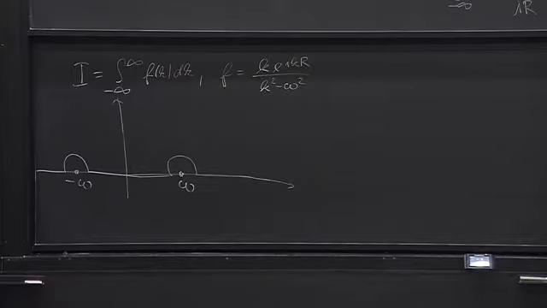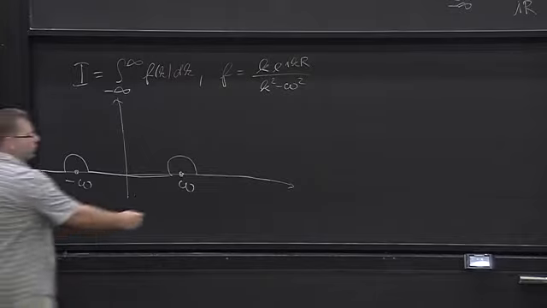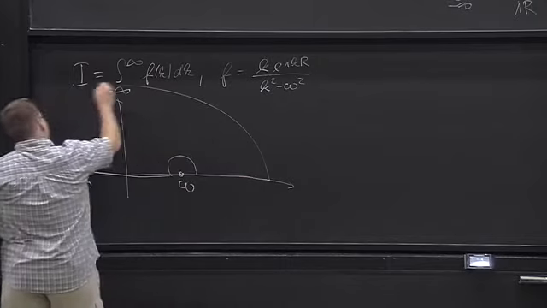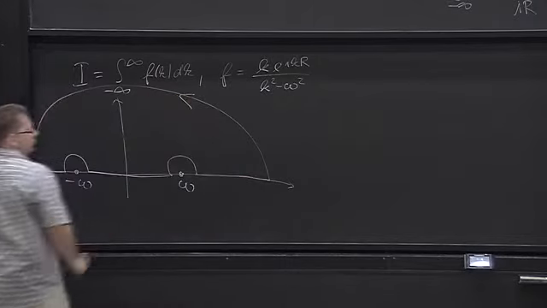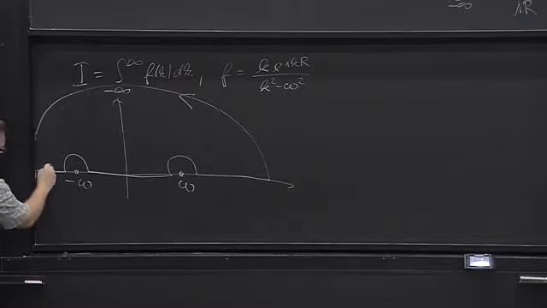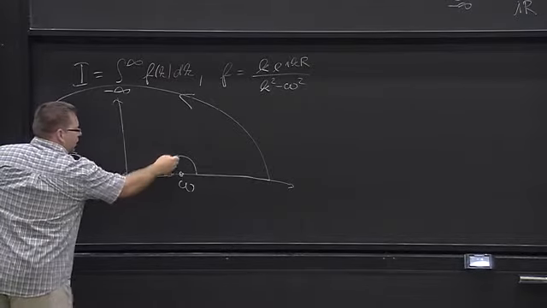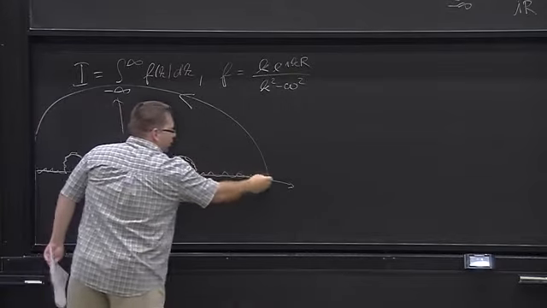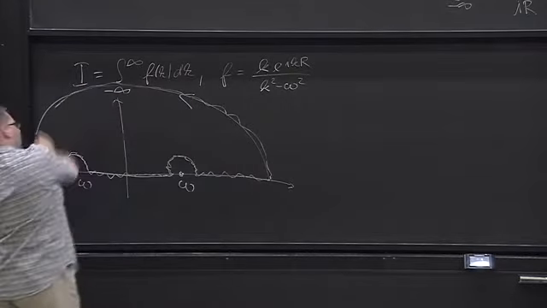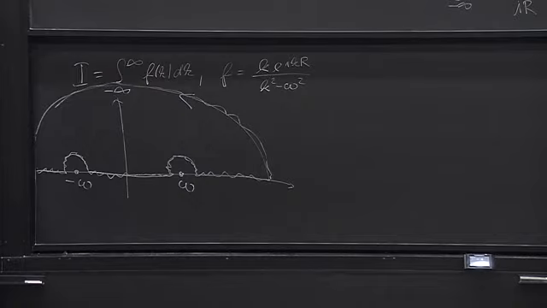And then, of course, the trick is to use Cauchy's theorem or whatever. So you have to close the integration contour. So you go and close the integration contour. So you integrate over this thing here, going like that, going like that. Okay. So now what you want is that this circle is at infinity.